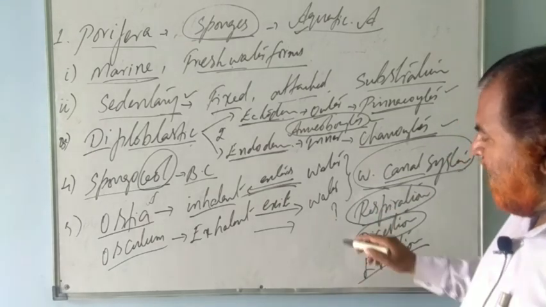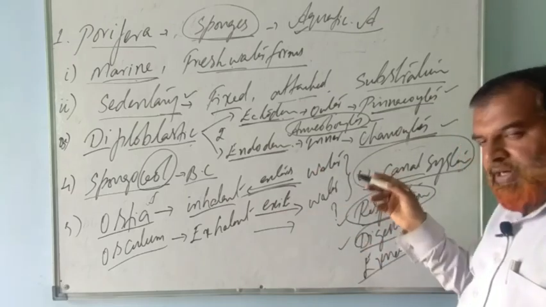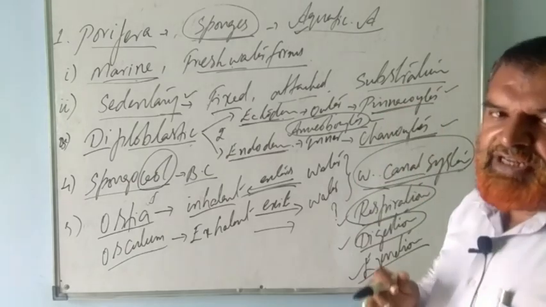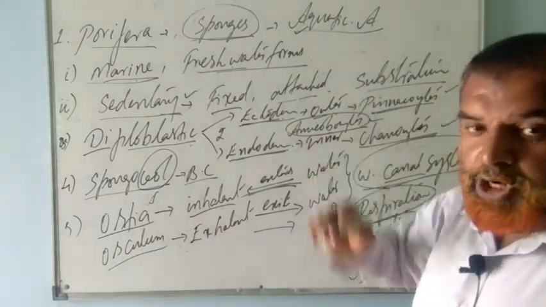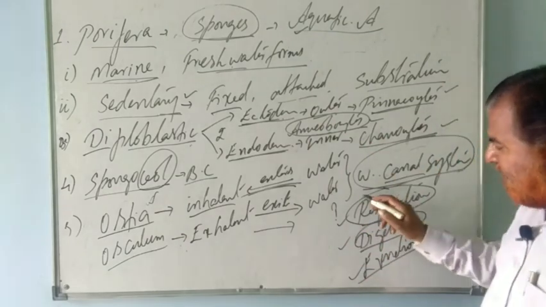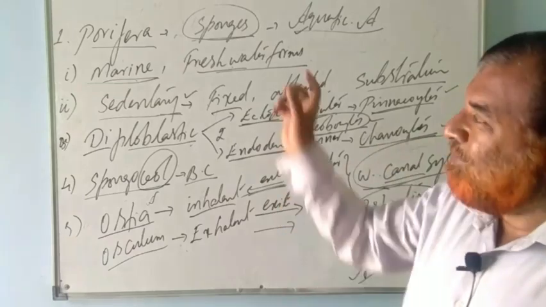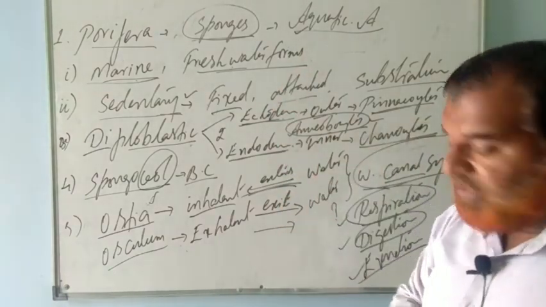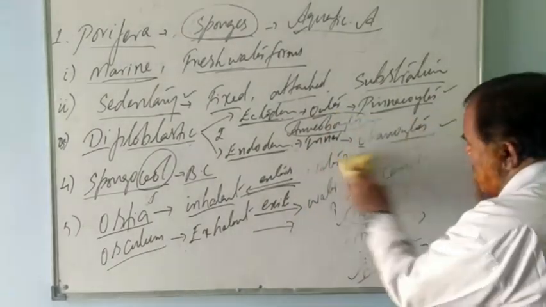Respiration occurs through the water canal system, through openings. Digestion occurs through the water canal system through these openings. Excretion, removal of waste material from the body, occurs through the osculum, through the exhalent pore, outside. All these major physiological functions are performed by the openings. Hence the body is porous. Then how is the animal body?